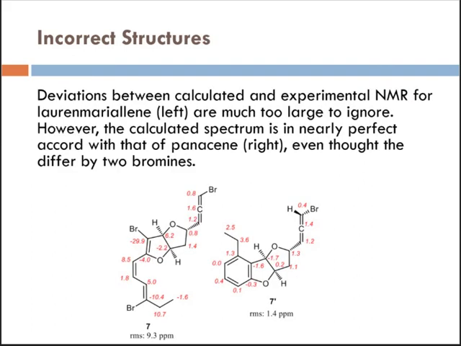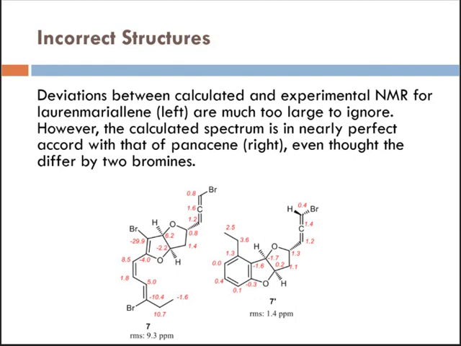Here's actually my favorite one, because this one's really annoying. This is one of the earliest ones we did. And here's the original structure. What I've plotted are differences between calculated and experimental shifts. And this one's trash. You're off by 30 ppm. That's impossible. And you're off by 10. It's wrong.